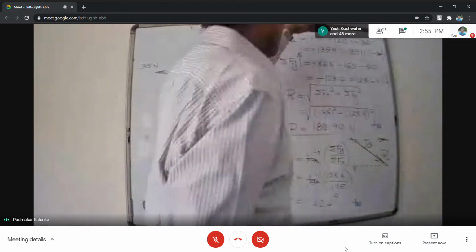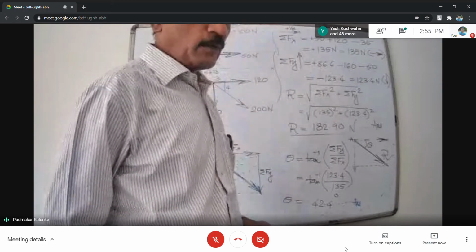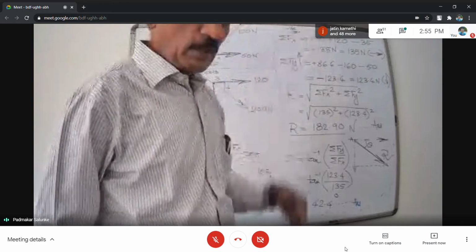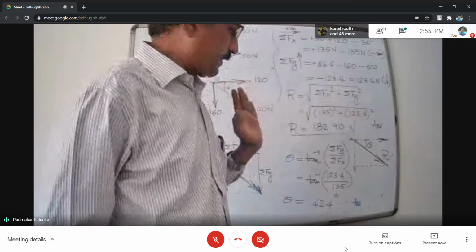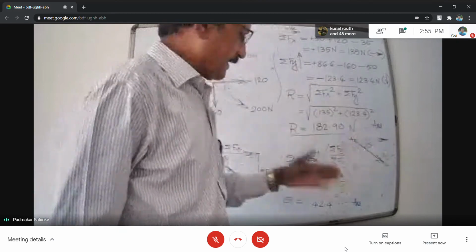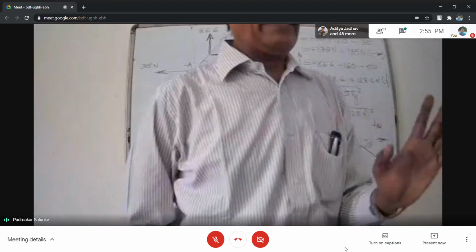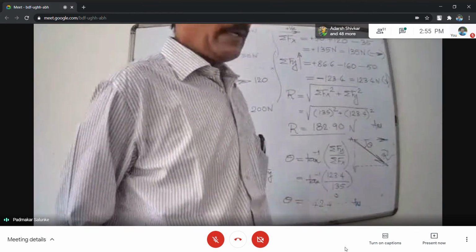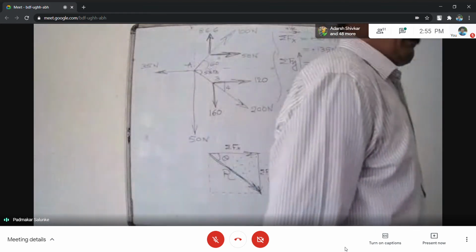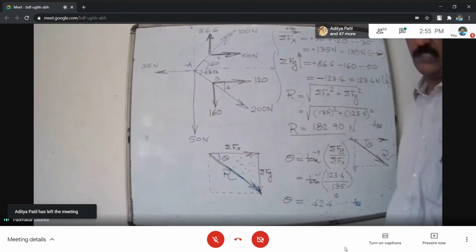The first job is to find the x and y components of the forces, then go for summation of Fx, summation of Fy, find the magnitude of the resultant, draw the case, and find the angle theta. And this 182.9 and 42.4 degrees is the perfect answer for the given concurrent coplanar force system.